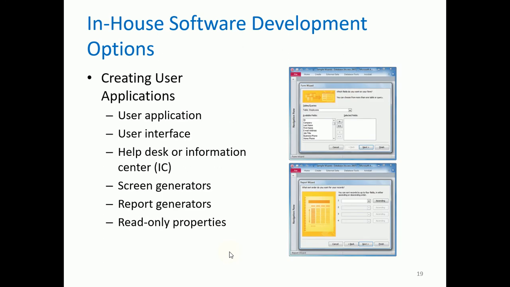Okay, next is creating user applications. Of course, you need to have user applications that are familiar to your end users. So these user applications are composed, of course, of user interfaces. We also have a help desk or information center.